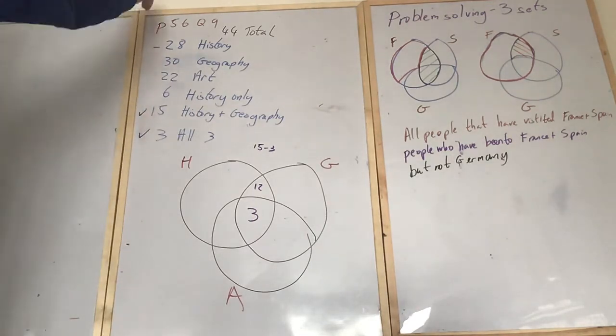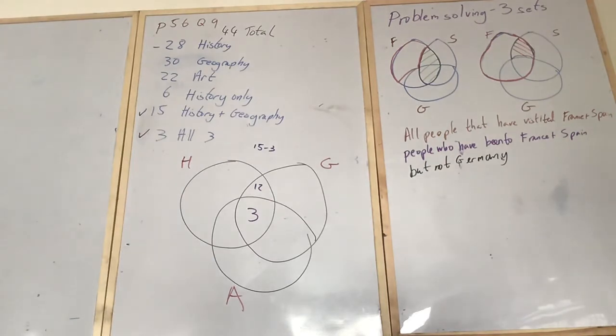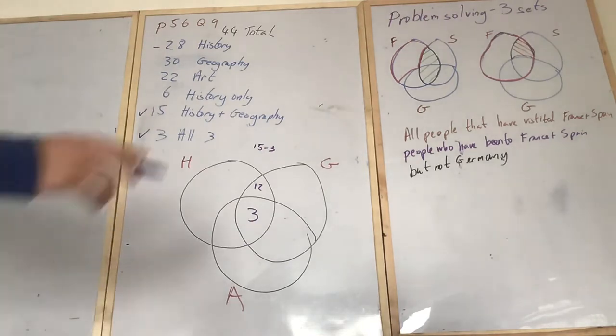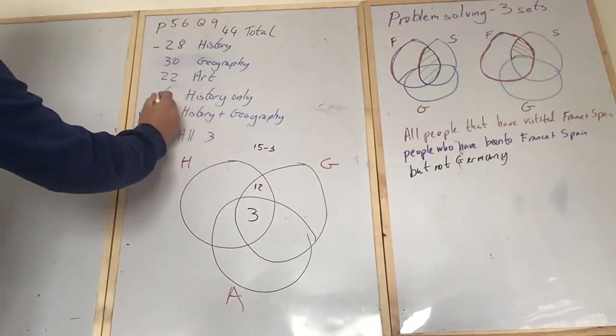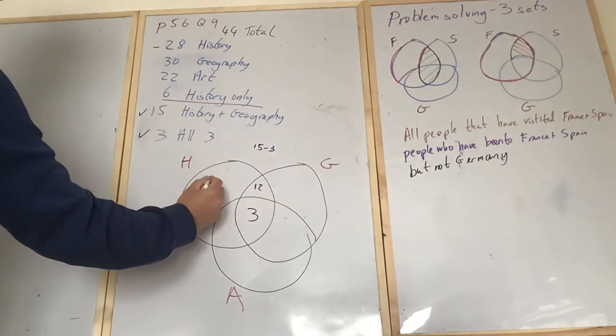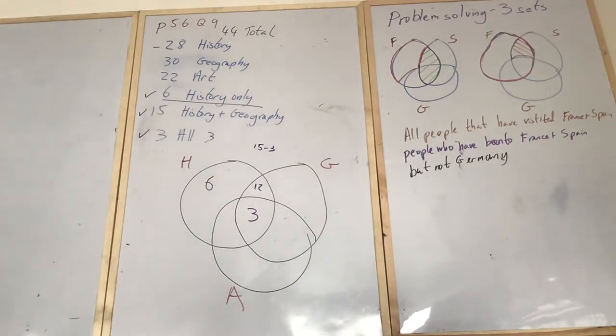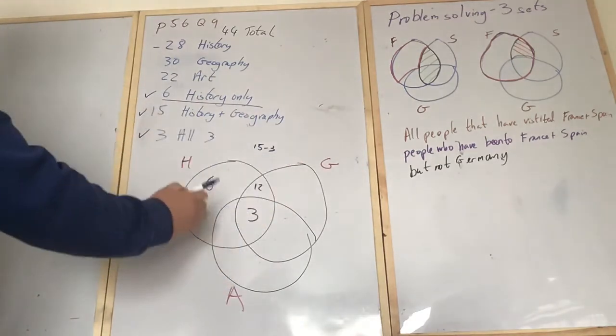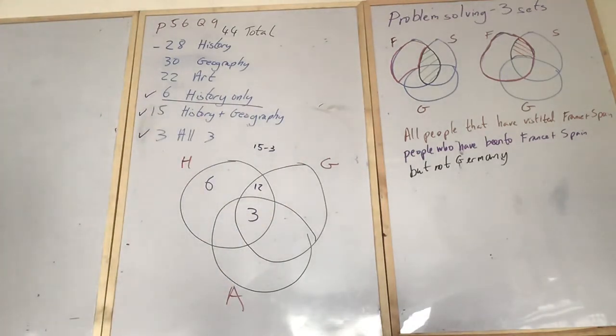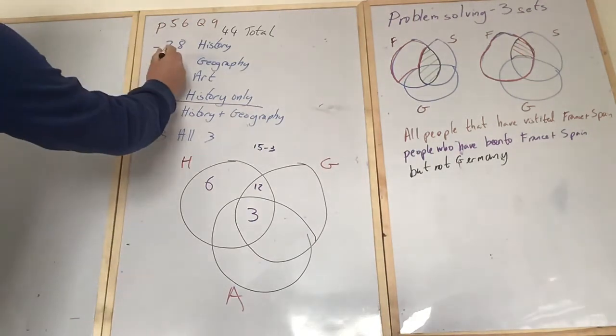We're looking through our information. By default, we can't actually fill in either of those just yet. But so we're going to look around, we're going to see the next information we'll use is history only. Okay, which will be 6, and we know now we've used our total of 6. So now we have 4 left to fill in. History and art will be the next one. Okay, and what we're going to use is a 28.